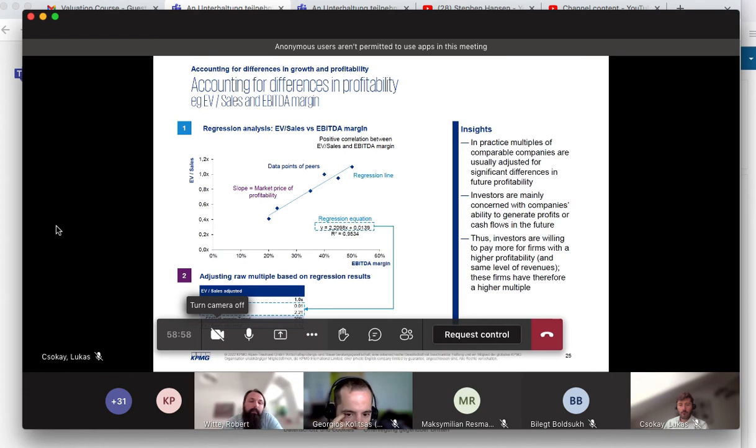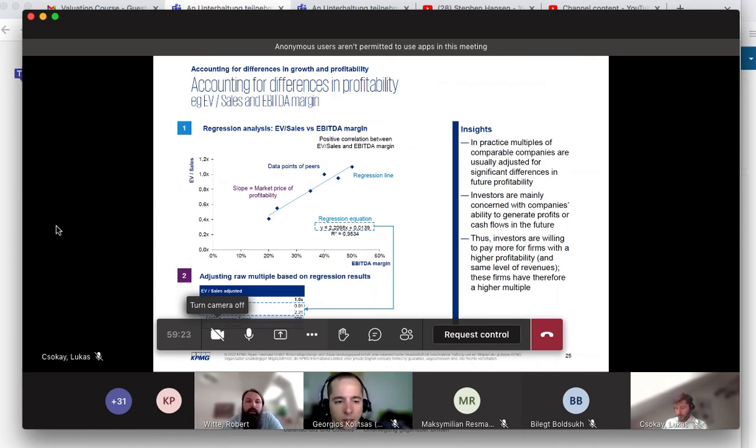The reason for that is, imagine you have 2 companies, right? And both companies have a revenue of 100, and one company has an EBITDA margin of 20% and the other of 50%. Then you would clearly say that although they have the same revenue, you would expect the one company with the higher EBITDA margin to be more valuable, right?